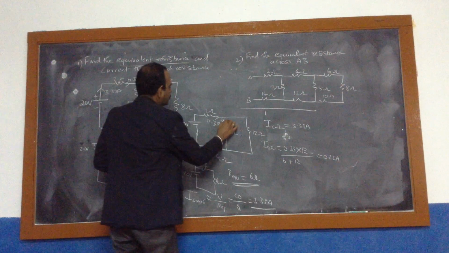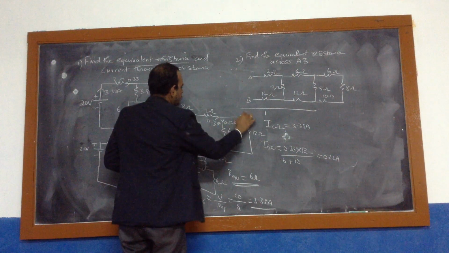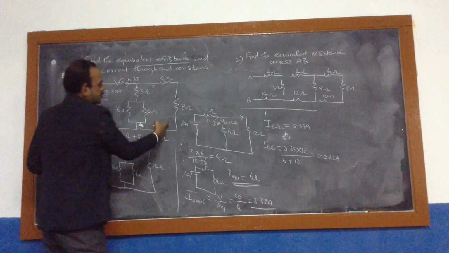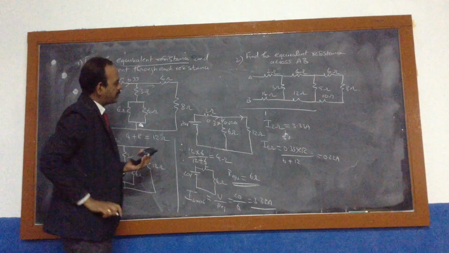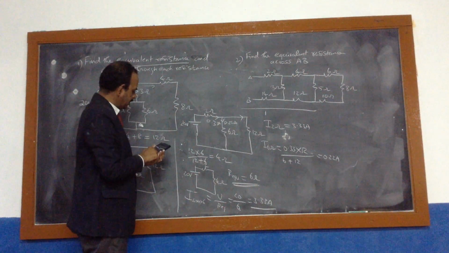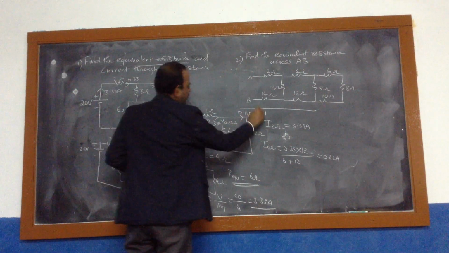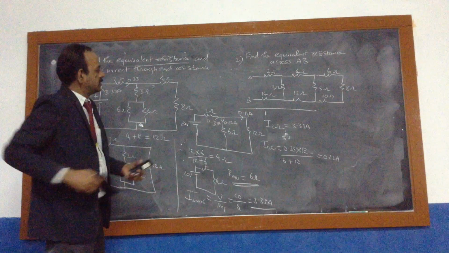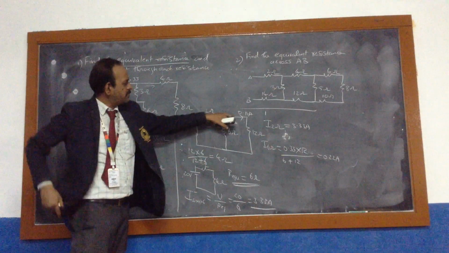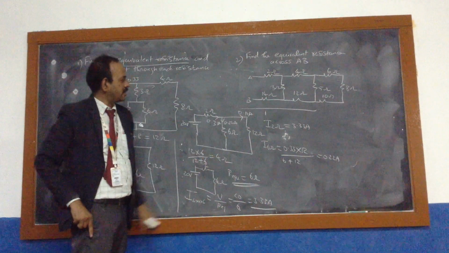So this is 2.22 amps. The remaining current flows through this branch, that is 3.33 minus 2.22, so we get 1.11 flowing here.